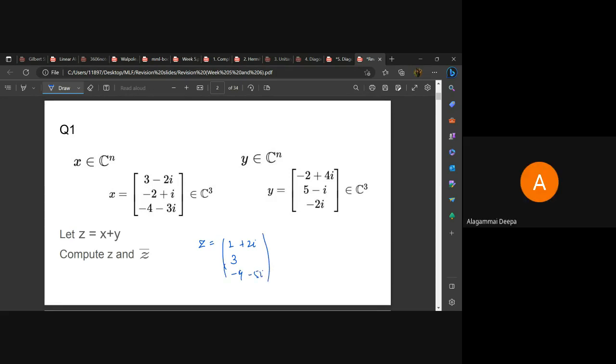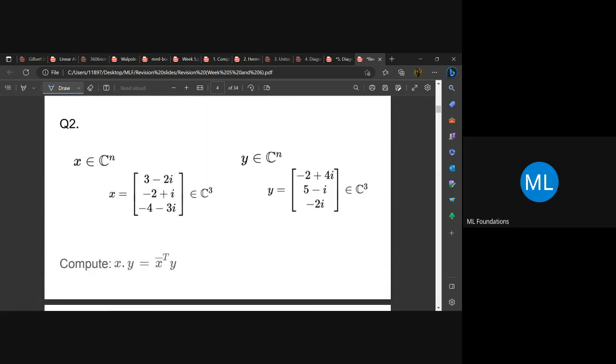Now if I want z bar, it is the conjugate: 1 minus 2i, then 3, then minus 4 plus 5i. Is it not necessary to write plus 0i? No, it's not necessary for the complex part.